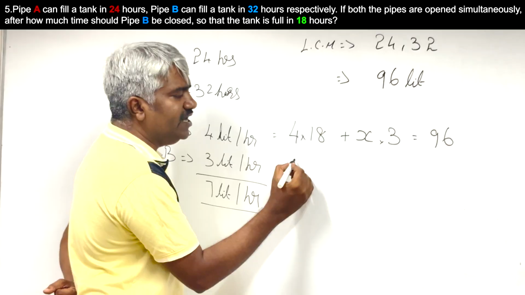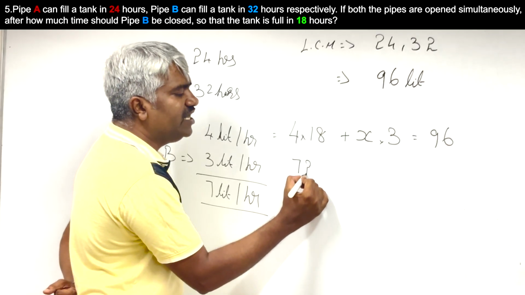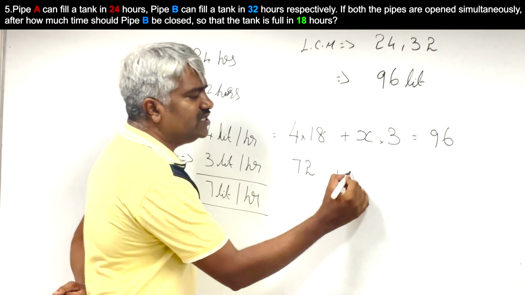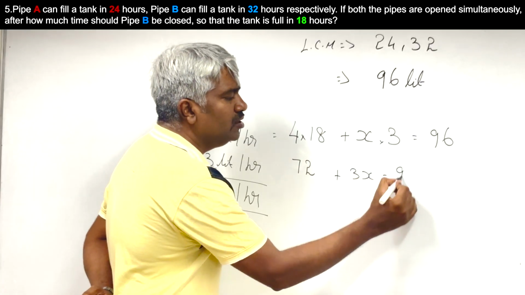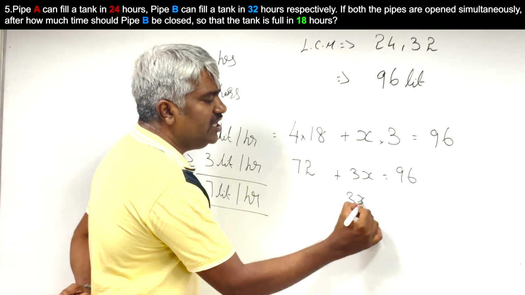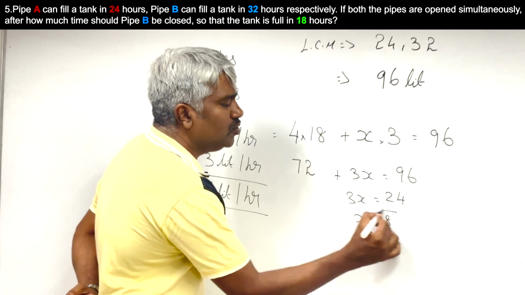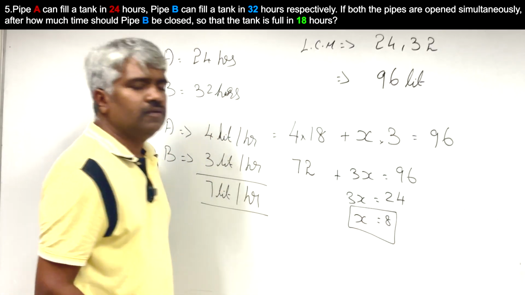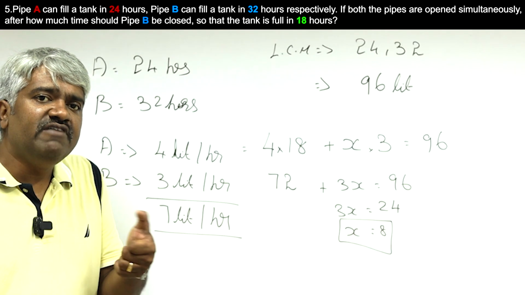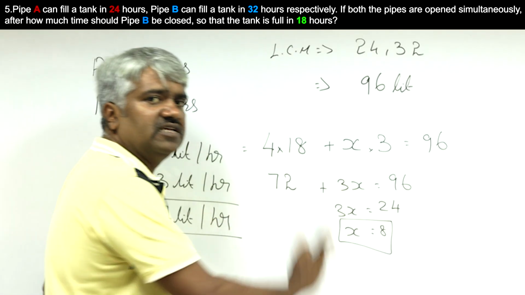So, 4 into 18 is 72, plus 3x equals 96. So, 3x is equal to 24, x is equal to 8. So, the time for which pipe B will be open is 8 hours.